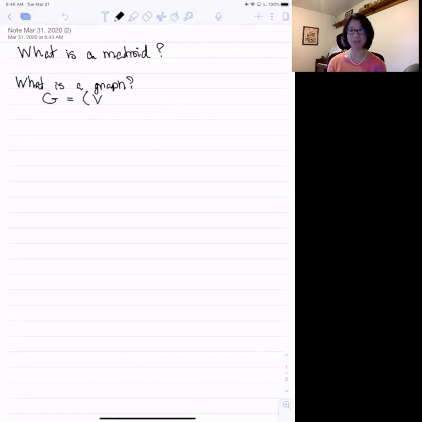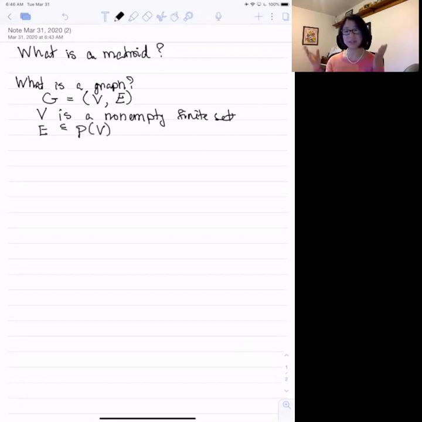It's a set of vertices, V, usually finite for us, and a set of edges, E. So V is a non-empty finite set, and E is a subset of the power set of V. So it's a bunch of subsets of vertices such that every element of E has size 2.